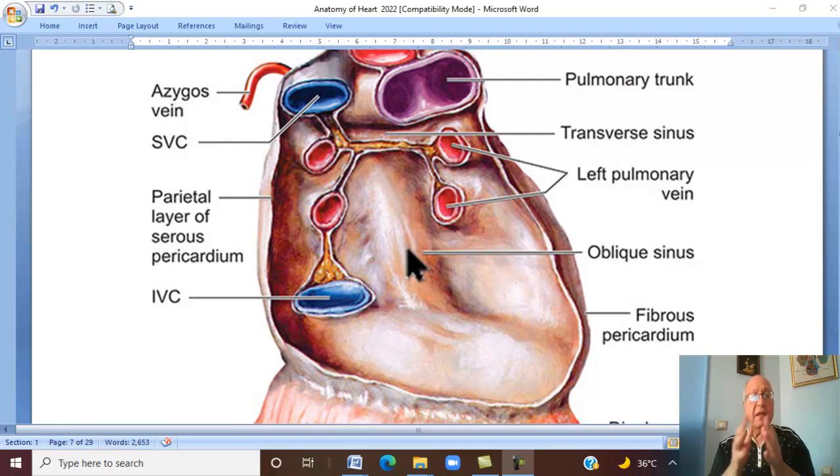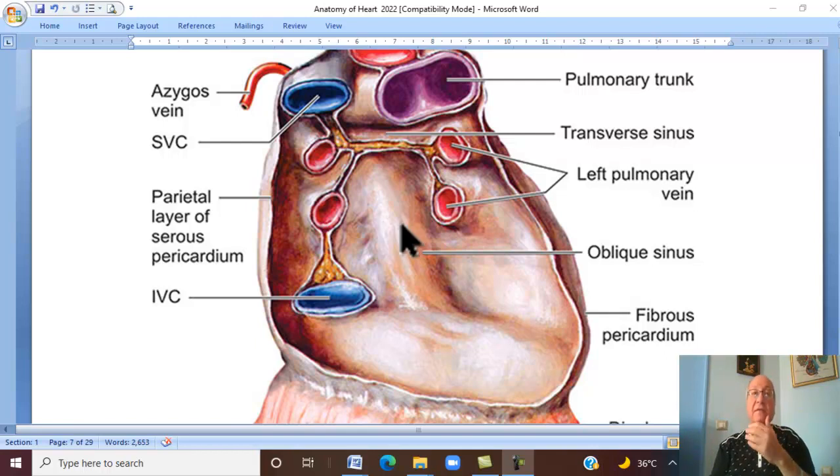We will discuss the pericardium in full detail later on, and we will know that the pericardium is formed of a serous part and a fibrous part. Here we cut the fibrous part and introduce your hand behind the heart in the serous pericardium. We will find this potential space, which is called the oblique sinus of the pericardium.